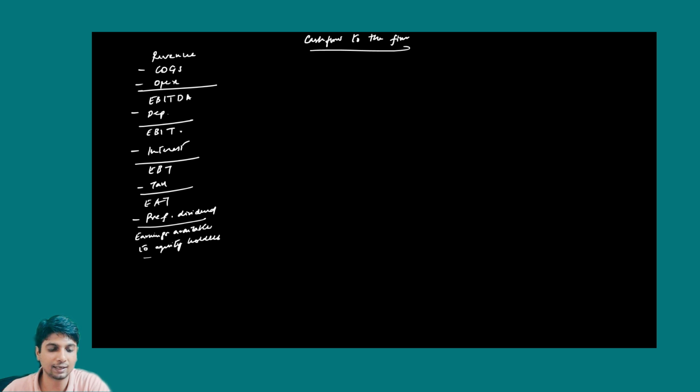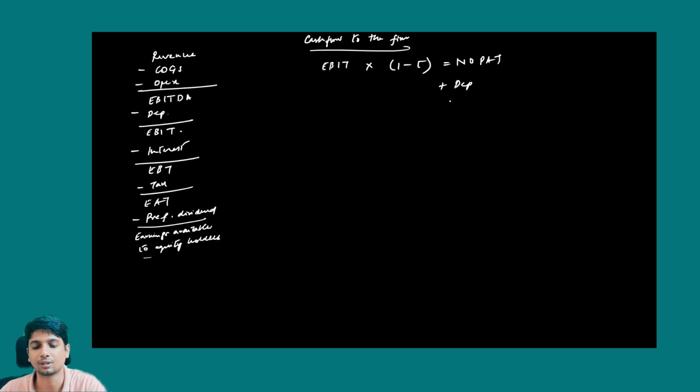So what I'll do, I'll take EBIT into consideration, EBIT into 1 minus tax rate. This is nothing but NOPAT, net operating profit after tax. To this, what I'll do is, I'll add depreciation because it is non-cash item. Then I'll subtract capex, that is capital expenditure.